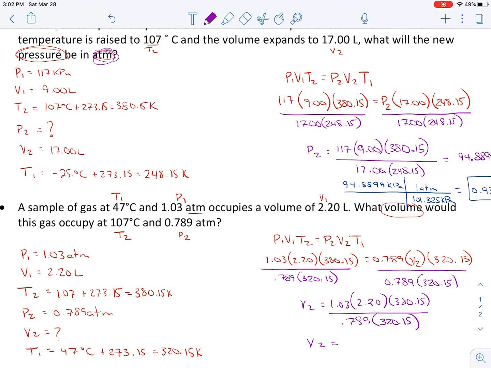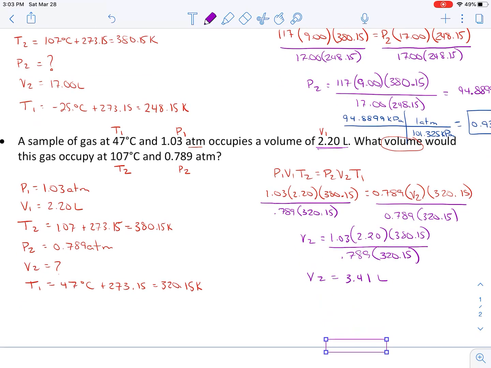So 1.03 times 2.2 times 380.15 divide by 0.789 divide by 320.15, and our volume comes out to be, with 3 sig figs, because there are 3 there, 3.41 liters. And that is it. We are done.